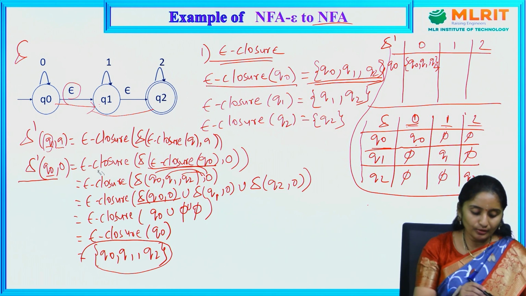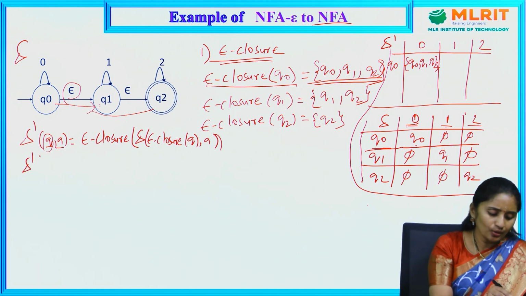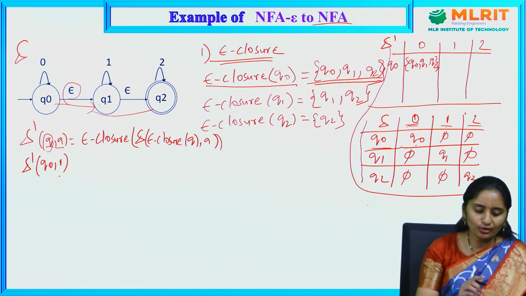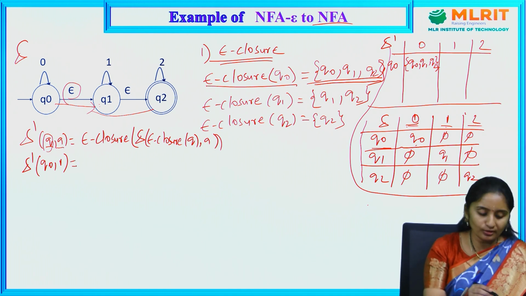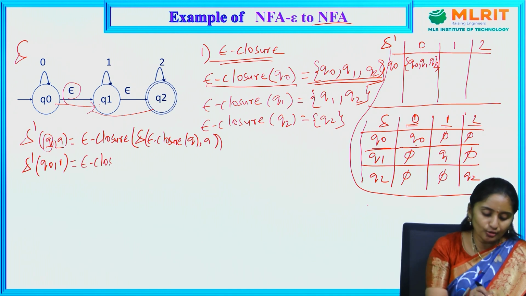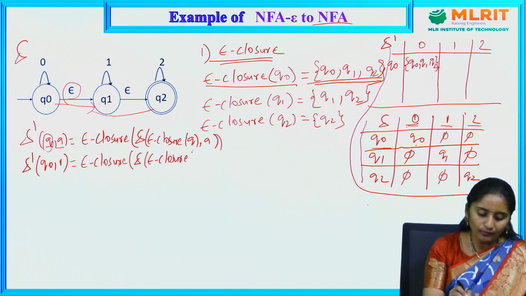So what we are going to do here? Delta dash of Q0 on 1 input. We have done Q0 on 0 input. Now we are going to find Q0 on 1 input. Epsilon closure of delta of epsilon closure of Q0 on input 1. In the place of a, inputs we are going to take.